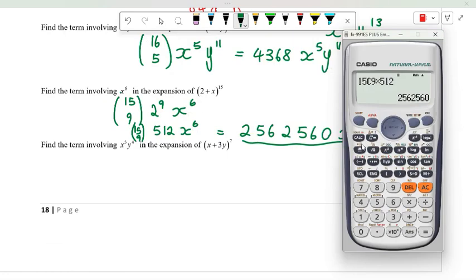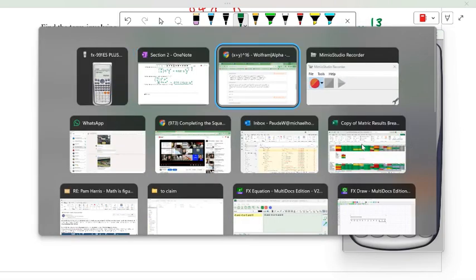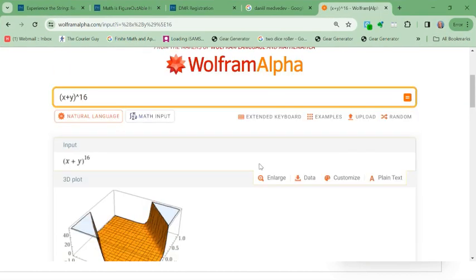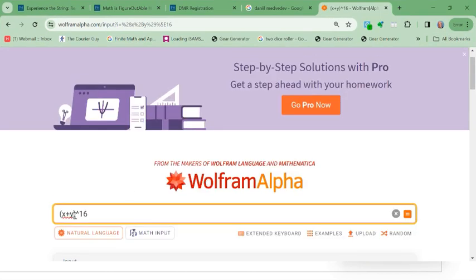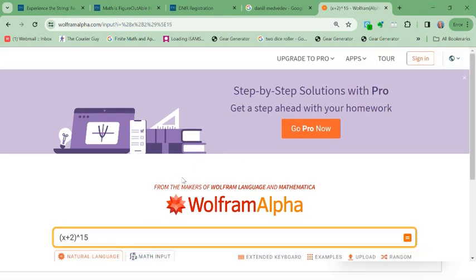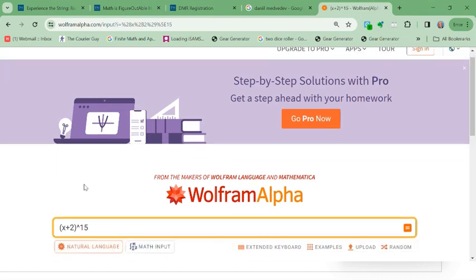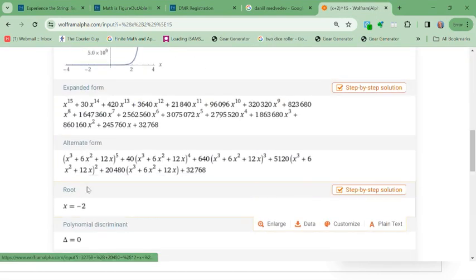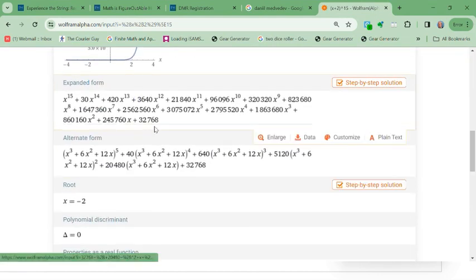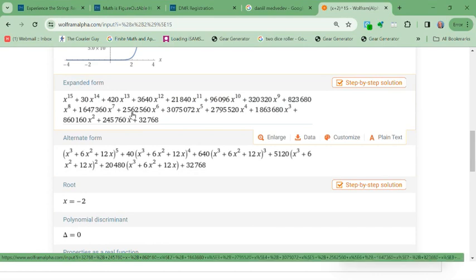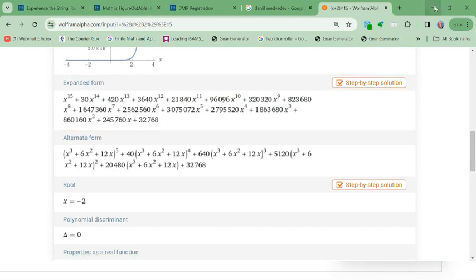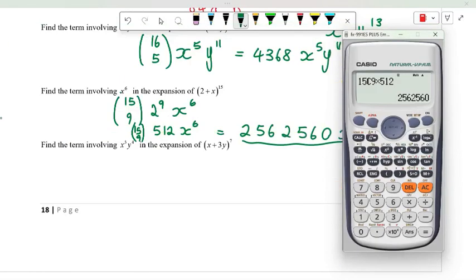So 2 plus x to the 15, or x plus 2 to the 15. And we'll see that our term involving x to the 6, if we can find it, there it is there, 2,562,560.